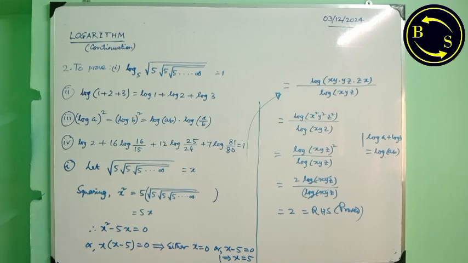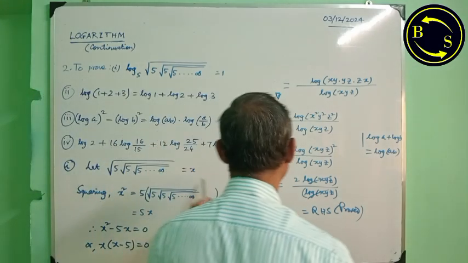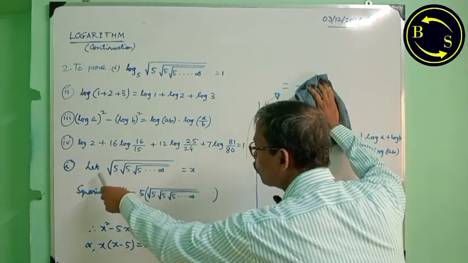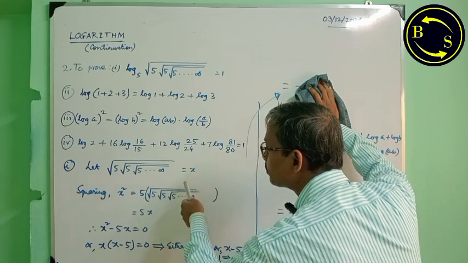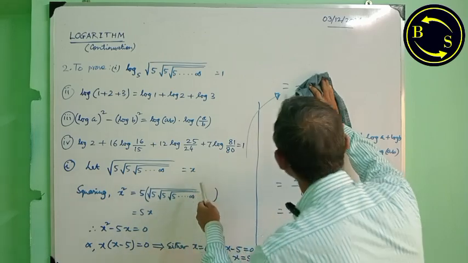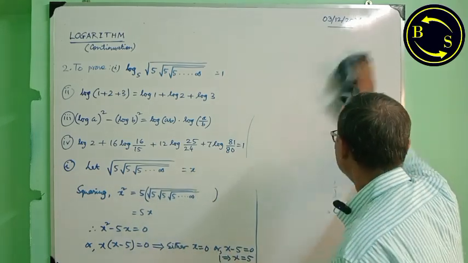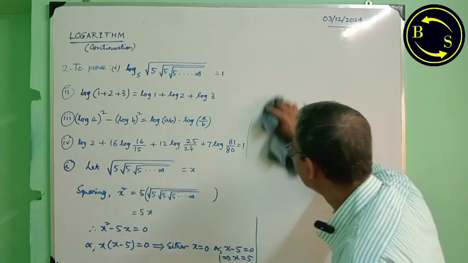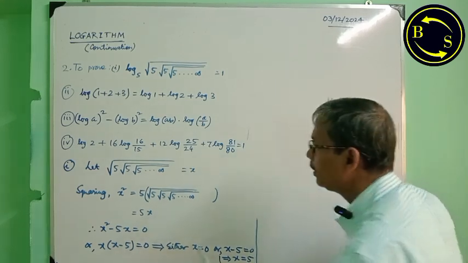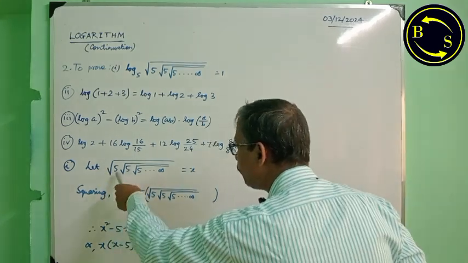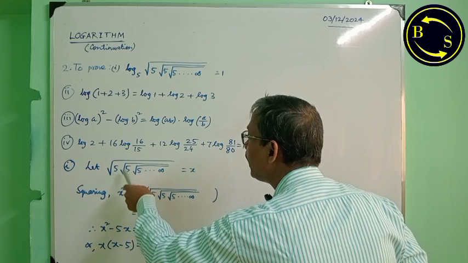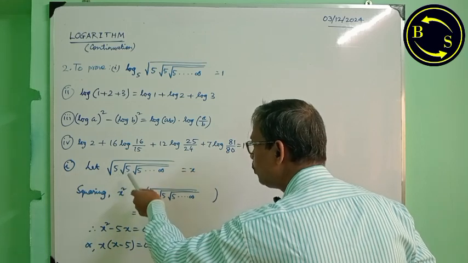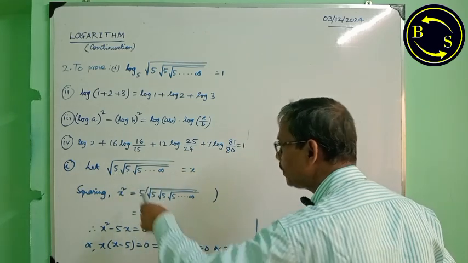Now, x cannot be 0 as it is the square root of positive numbers: square root of 5 into square root 5 into square root 5 up to infinity.